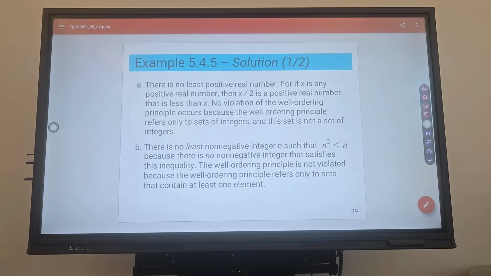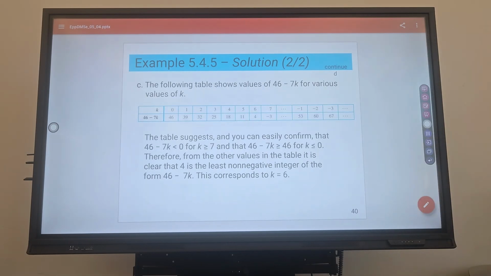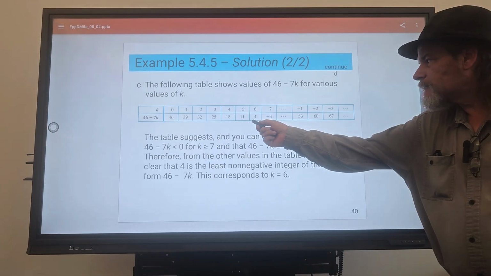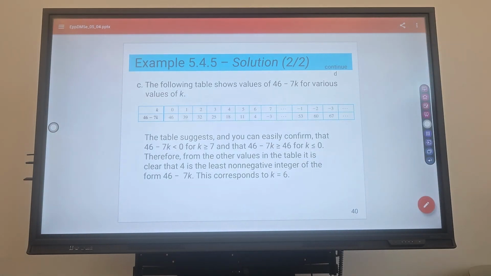Not violated because the principle only applies to sets that contain at least one element. The table shows you the values of 46 minus 7k for various values of k. The smallest non-negative is 4.